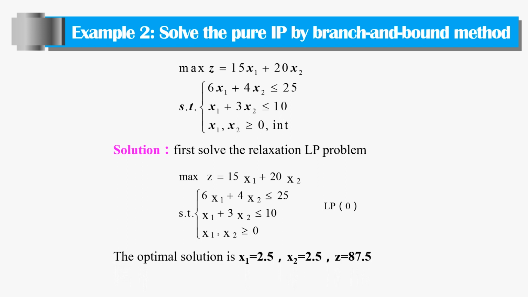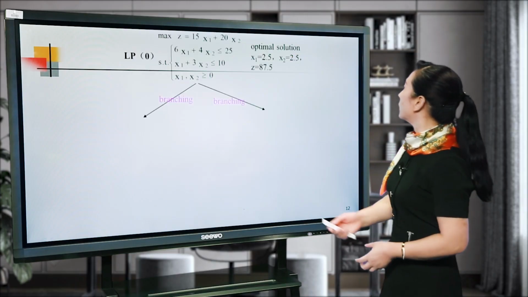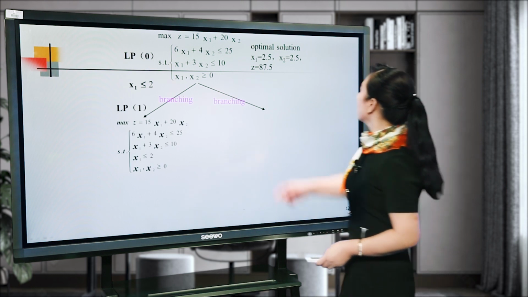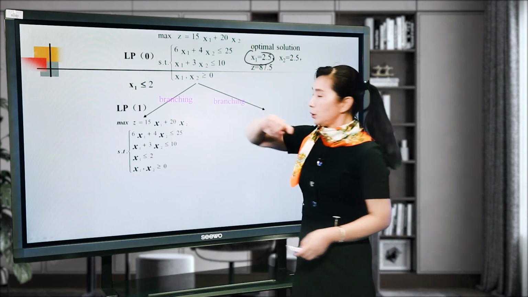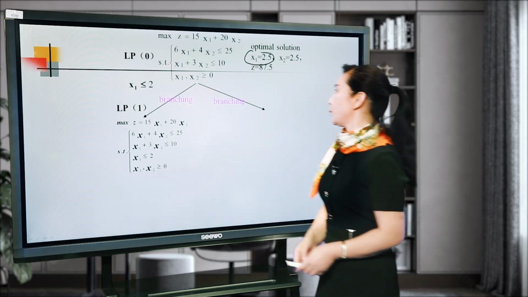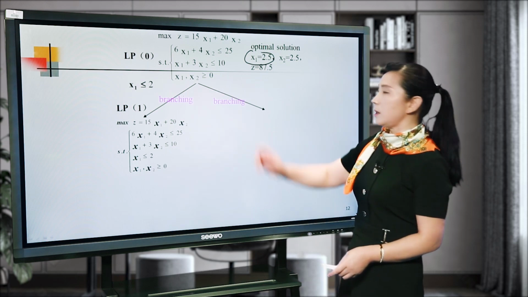We notice that x1 and x2 are not integers, so this solution does not meet the requirements. So we start dividing branches. We set x1 less than or equal to 2 and get this branch.